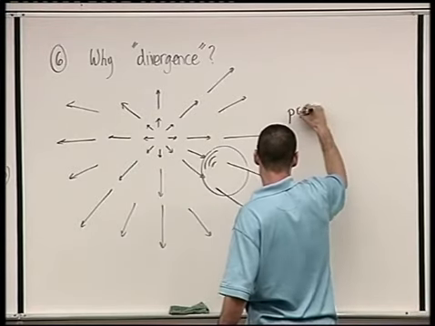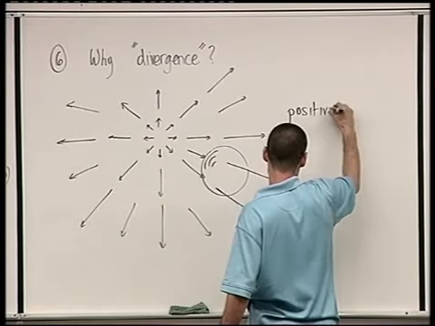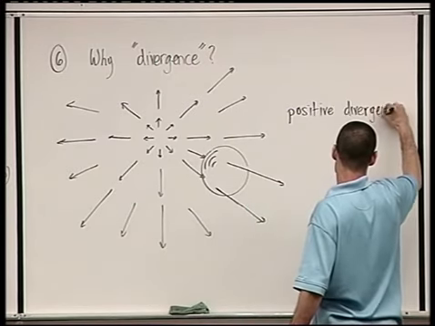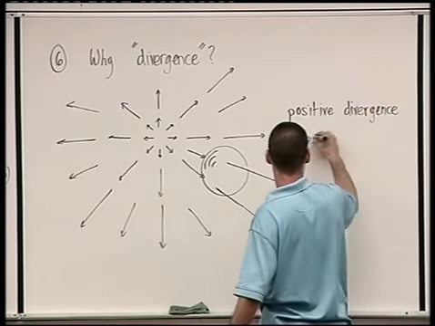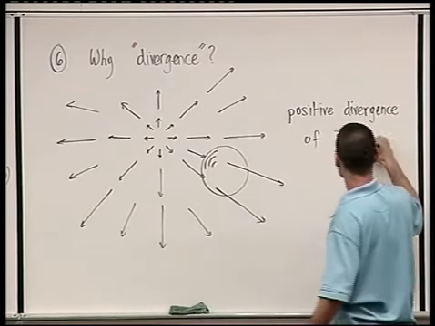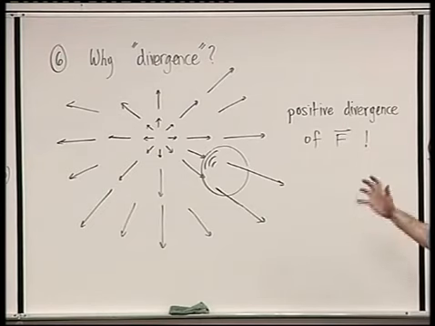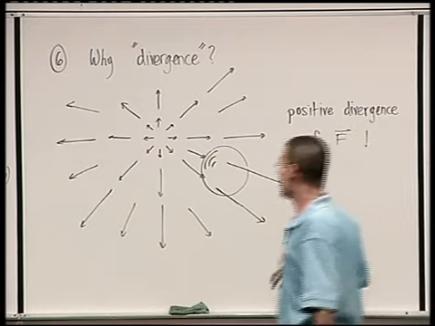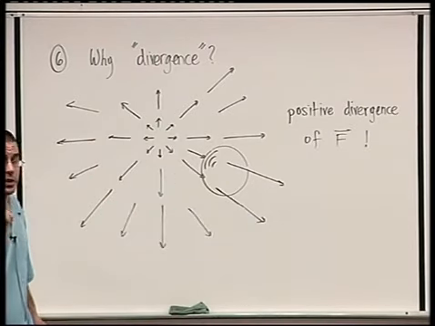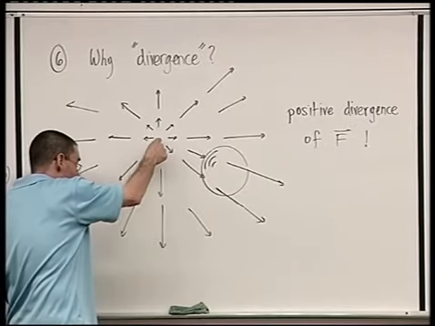This is positive divergence of the field F. Is it clear? This is why it's called divergence. It could happen with water only if there's a source here.